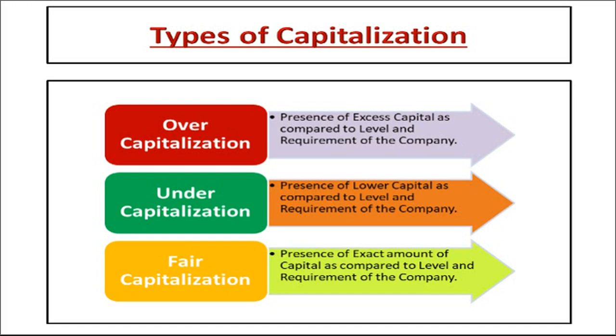Under capitalization is a situation of presence of lower capital as compared to the level and requirement of the company. And number three is an ideal situation called fair capitalization. Fair capitalization is a presence of the exact amount of capital as compared to the level and requirement of the company. So these are the three types of capitalization.